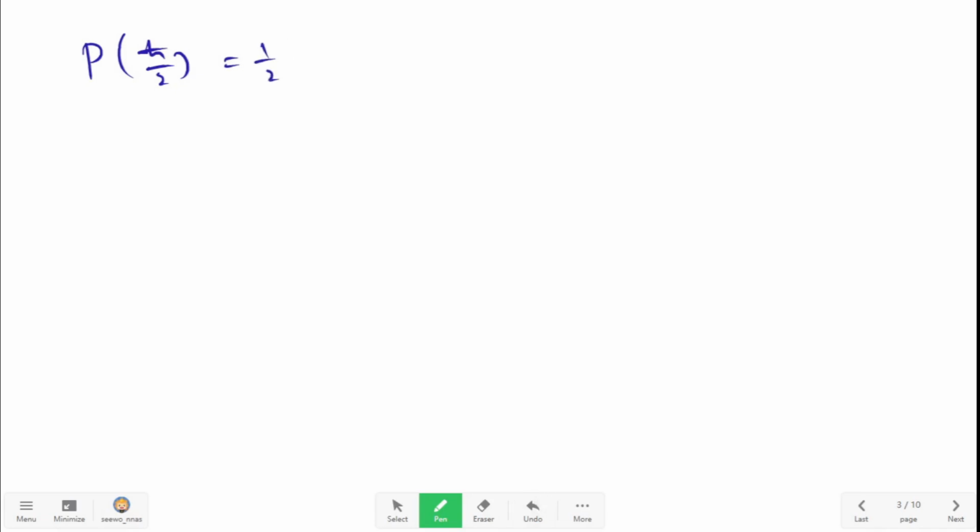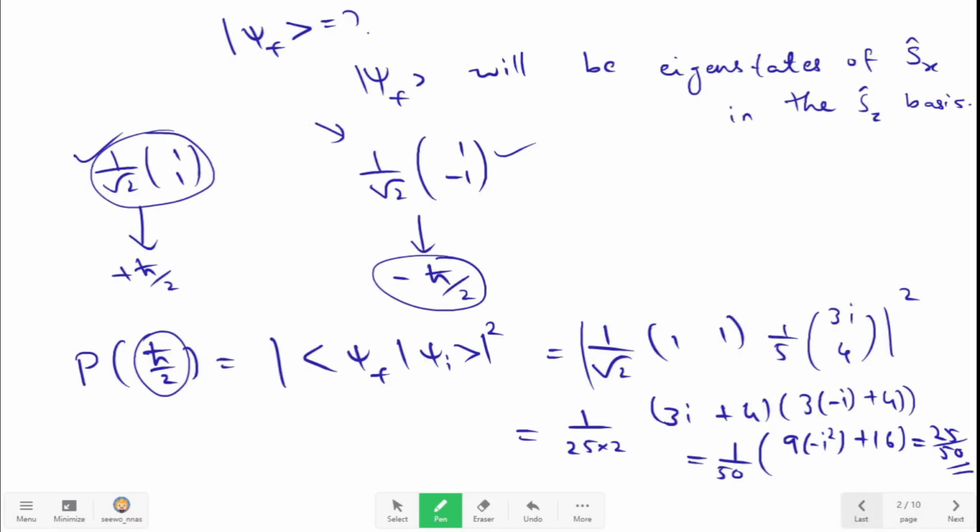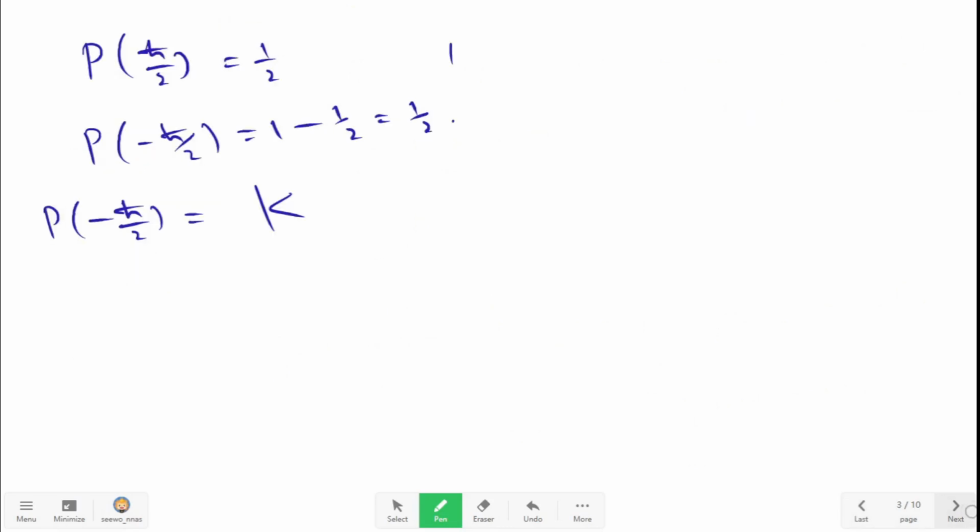Now there are only two states and the total probability is 1, so the probability of getting minus h cut by 2 will be 1 minus 1 by 2, which is 1 by 2. Or you can do it using the formula also. P of minus h cut by 2: in this case the final state is 1 by root 2 (1, minus 1), because you are getting the output minus h cut by 2.